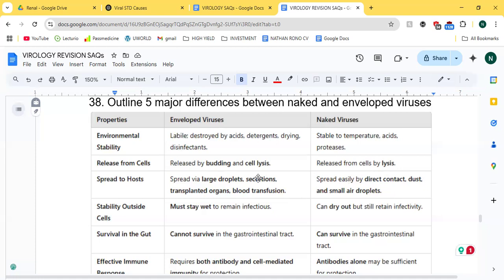If it's vaginal secretions or blood transfusion, it's going direct. Enveloped must stay wet to remain infectious. That's why they require these fluids. Naked can dry out and still retain infectivity. They can be spread via direct contact, dust, or stay on the surface of, let's say, a table.